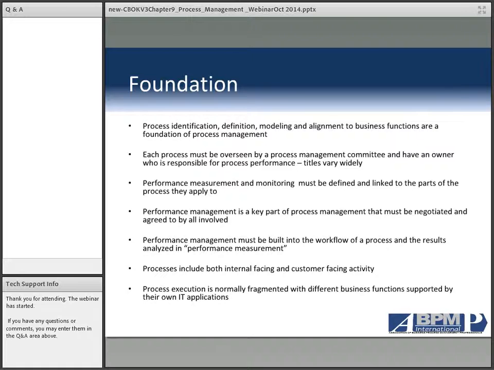What are the formulas? And that's where the process committee comes in, because if we can't get concurrence on how we're going to measure performance, then we really are not going to have any way of dealing with performance issues, because we're just going to have disagreement on the results of the management and the measurement.